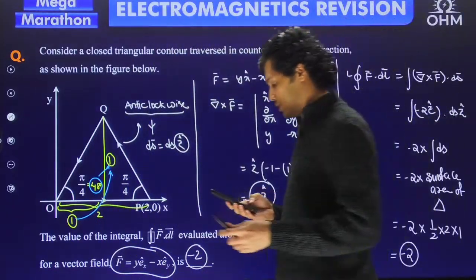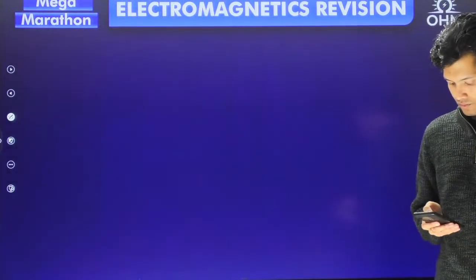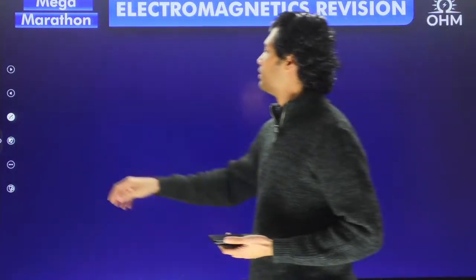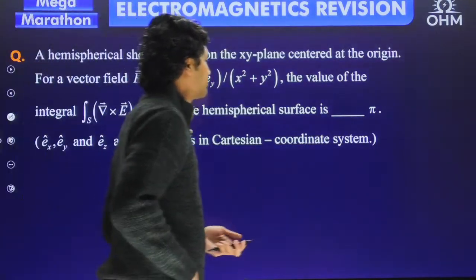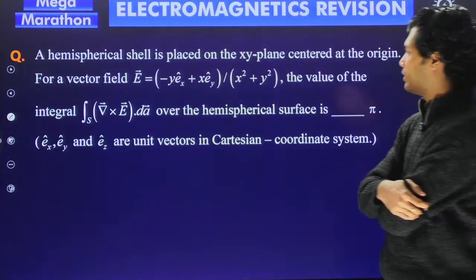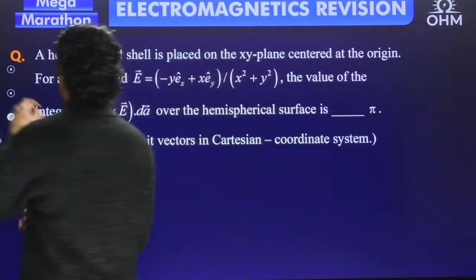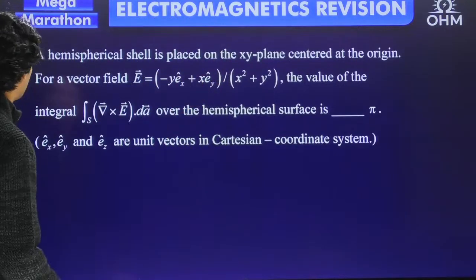Let's go for another question. Again, if you look at this vector field, it looks the same as what we have done in one of the problems: minus y x cap plus x y cap divided by x square plus y square.